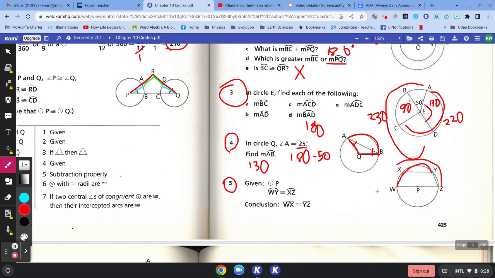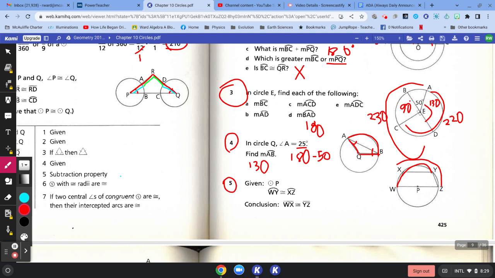And assuming you paused and you're back, what we can say is that the arc WX is supplementary to the arc XZ, and the arc YZ is supplementary to the arc WY, because combined they make 180 degrees. So we have two arcs that are supplementary to congruent arcs, and supplementary things to congruent things are going to be congruent.